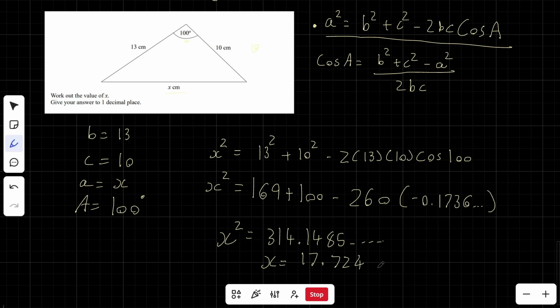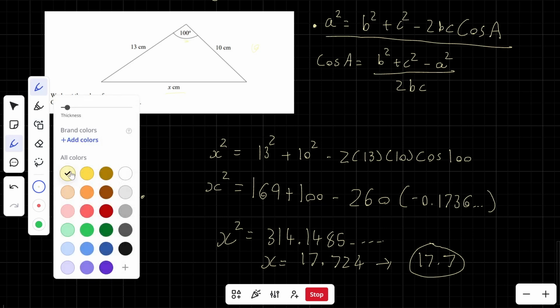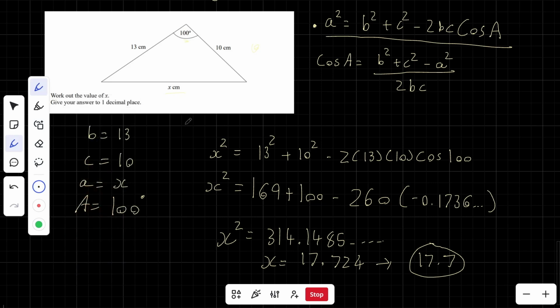We're going to round that to one decimal place, so that is going to be 17.7. And so x is going to be 17.7.